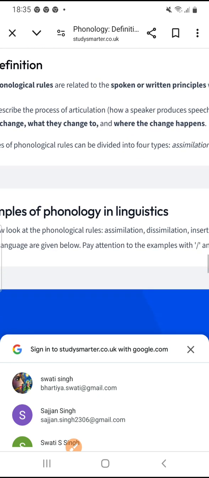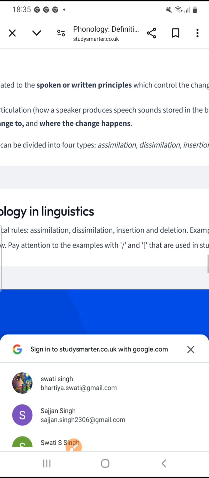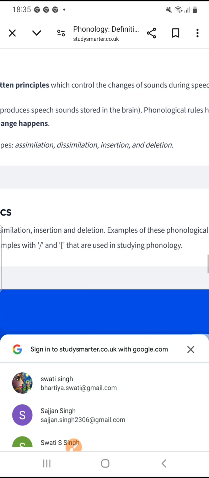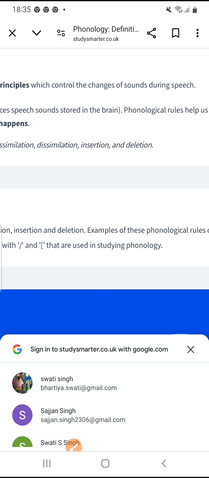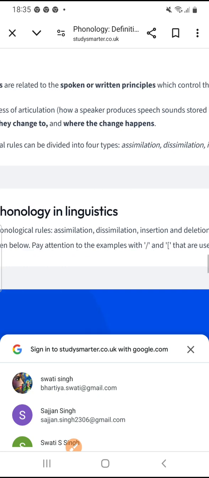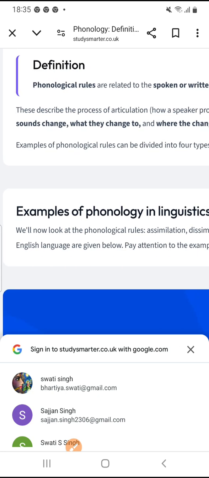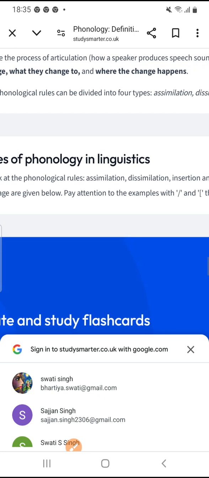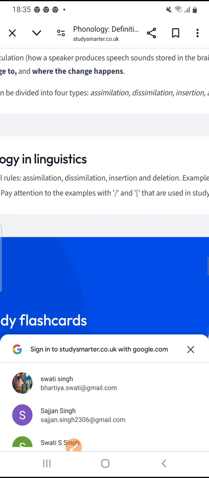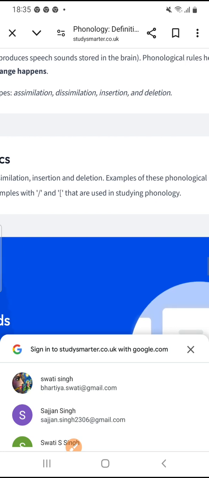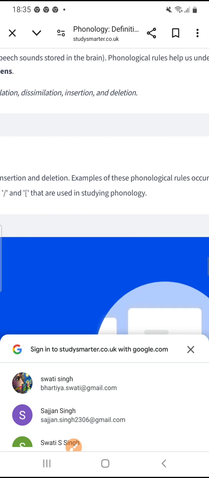Phonological rules are related to spoken or written principles which control the changes of sound during speech. These describe the process of articulation, how a speaker produces speech sounds stored in the brain.